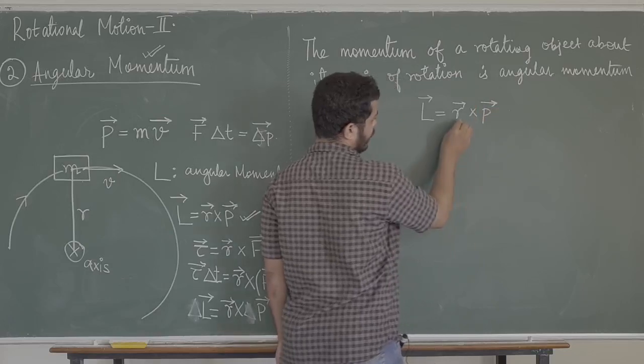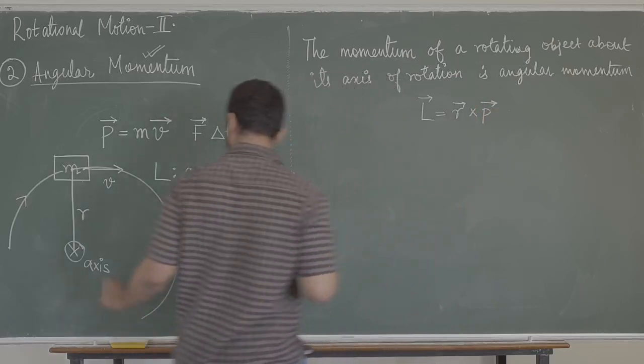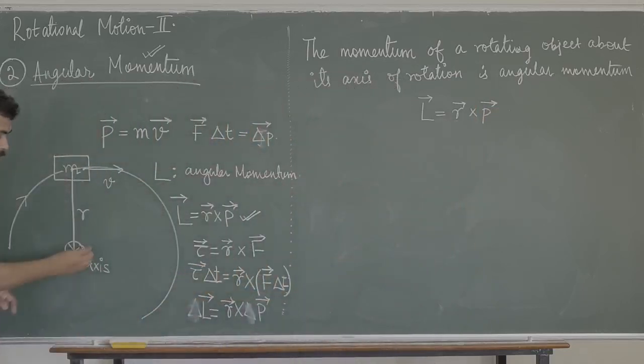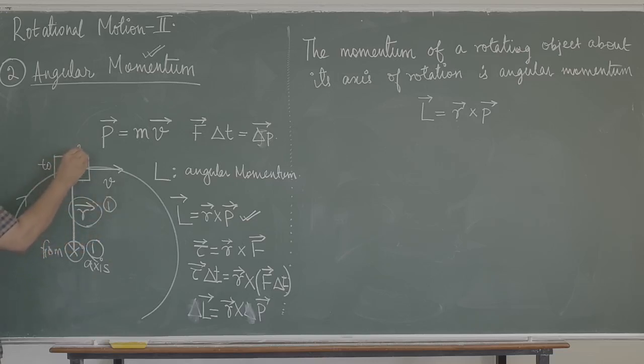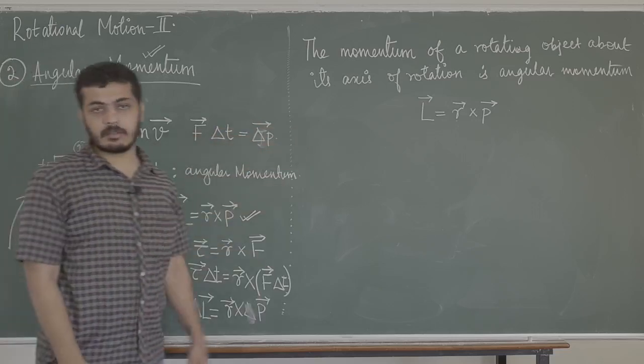So how do you define R vector? To define R vector, you will require an axis of rotation, and R vector points from the axis to the mass. This is the first thing that you require. The second thing that you require is m and v. So you can write R cross P, and that will give you your angular momentum.